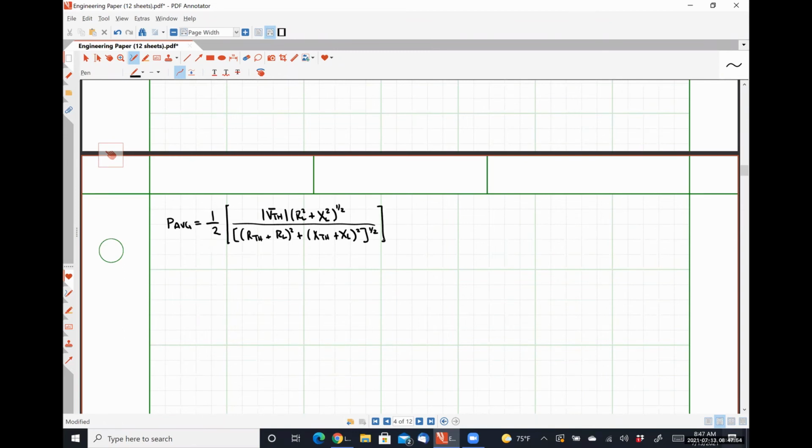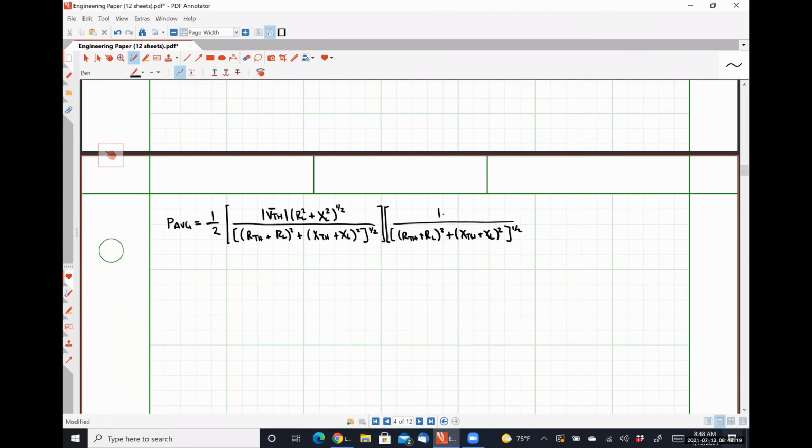So I've just substituted in the magnitude of my load voltage. Now I'm going to substitute in the relationship we got for the magnitude of my load current: RTH plus RL squared plus XTH plus XL squared, close my brackets, to the 1/2 power.